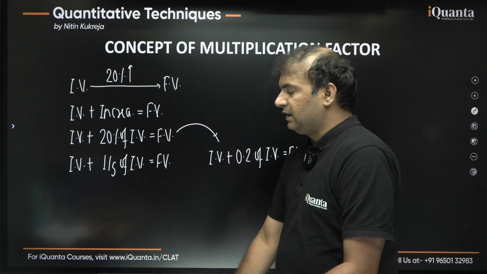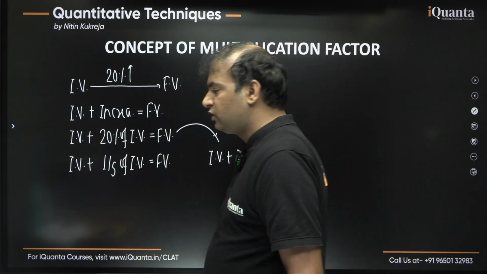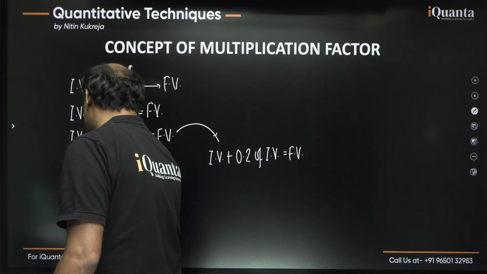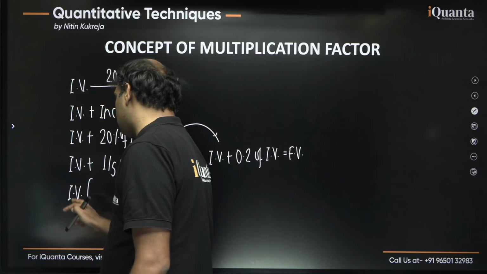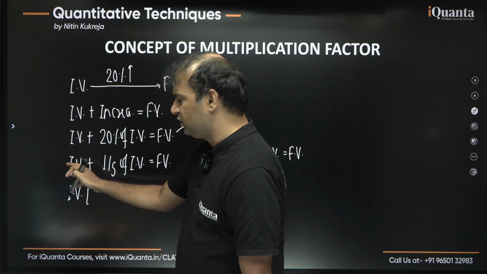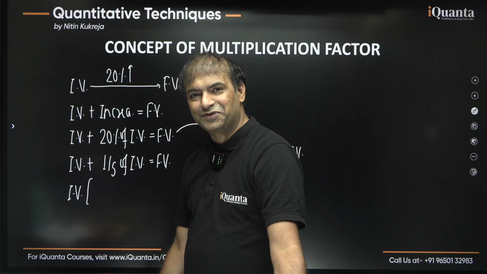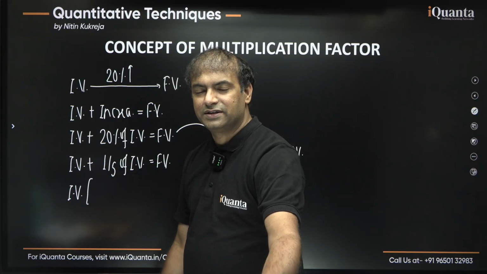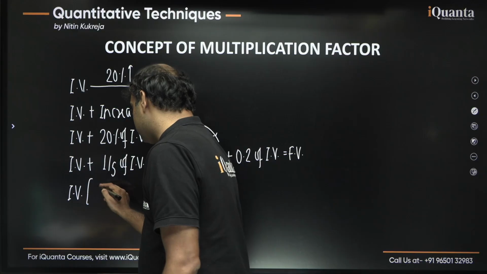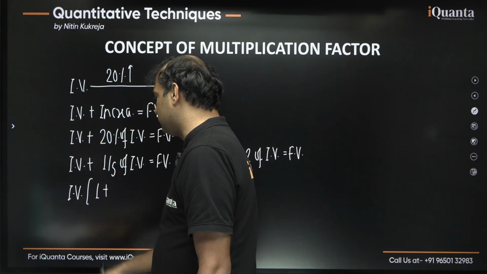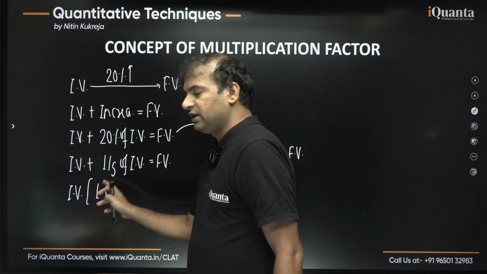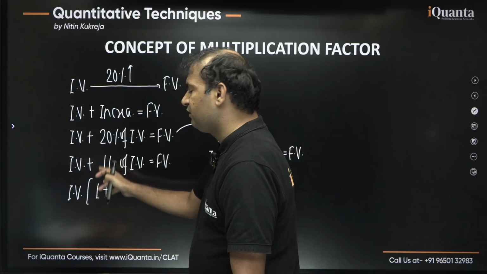Now, in both of them, we'll be taking the initial value as common, right? So taking the initial value common here, what is the bracket? See guys, we can say the initial value as 1 into the initial value as well. Any number is 1 into itself, very obvious. So this is 1 plus, 1 is taken from here. And from this term, if you take the initial value out, there will be 1 by 5 as well.